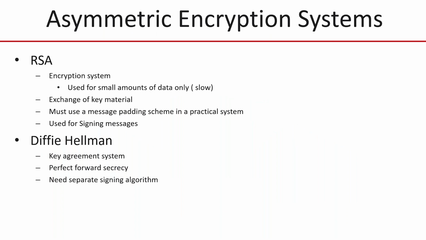So RSA, as mentioned, is an encryption system. Again, all of these things are quite slow, and it's really used to wrap a session key that can be used with a symmetrical algorithm such as AES.